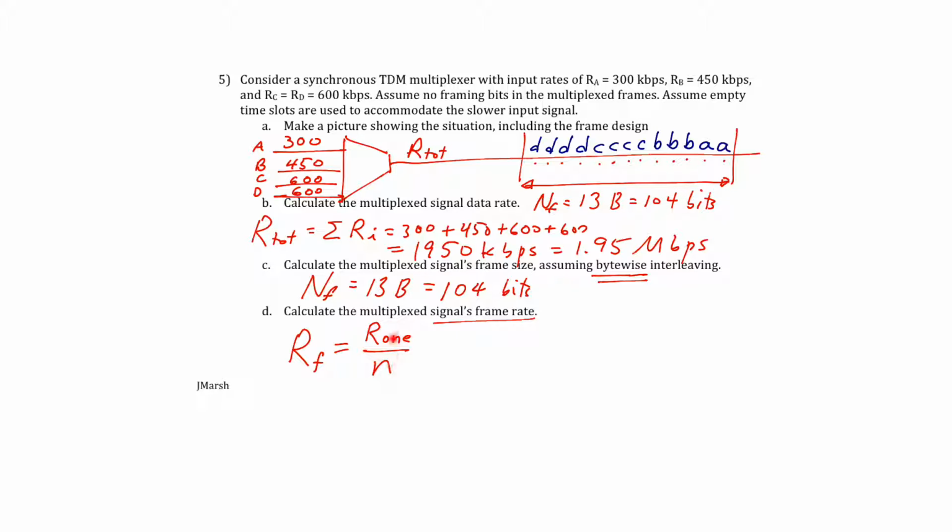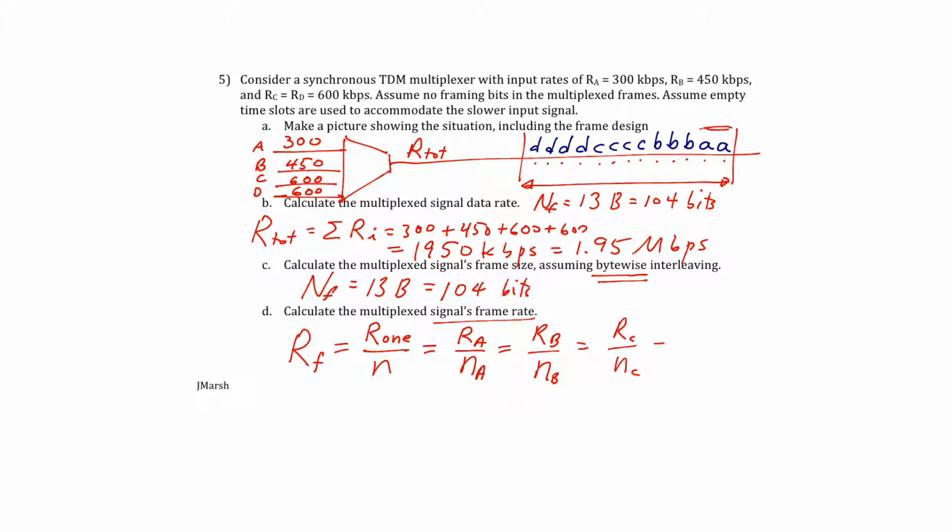This equation works when they all have the same speed. But if they have different speeds, we have to break it out and make sure that the data rates and the number of bits in a frame from each of the sources all agree with each other.